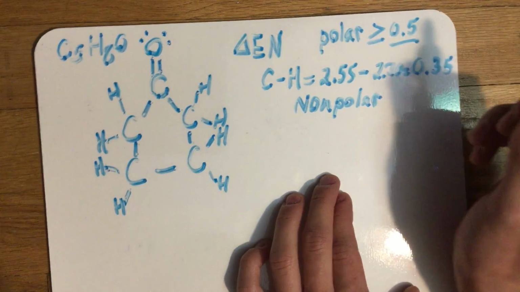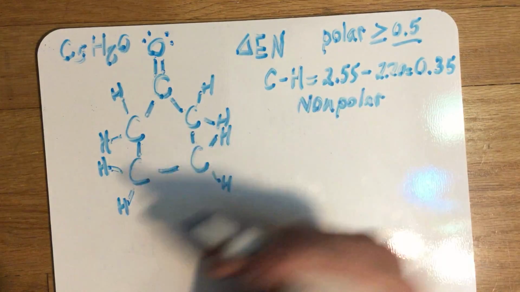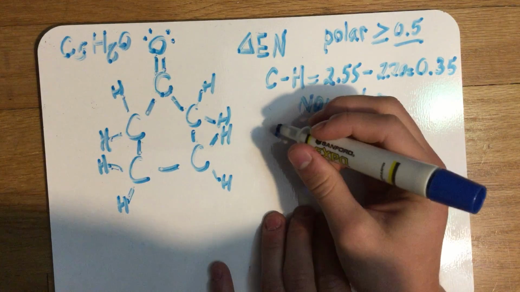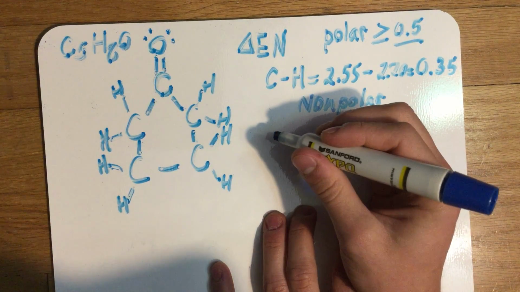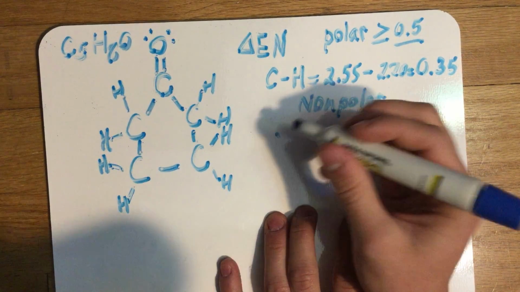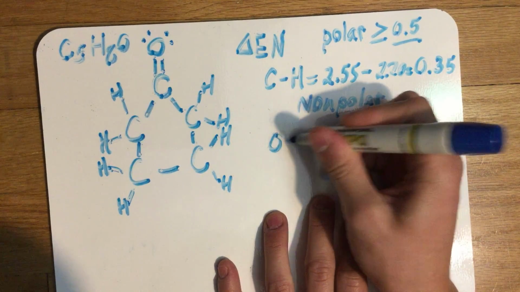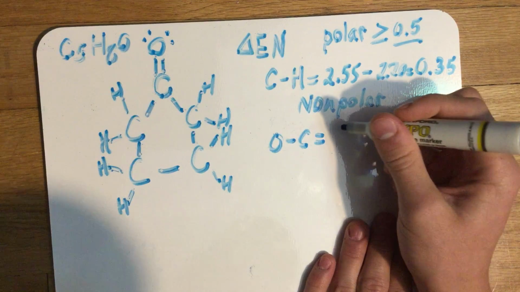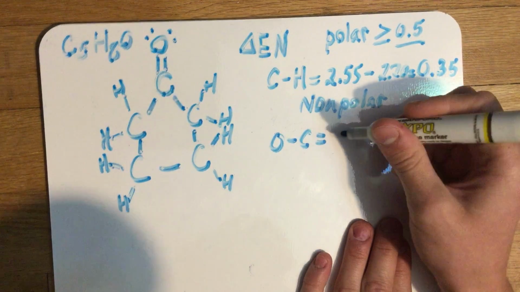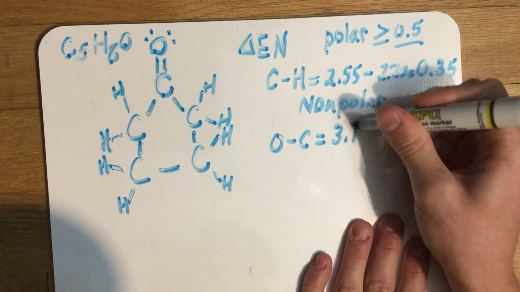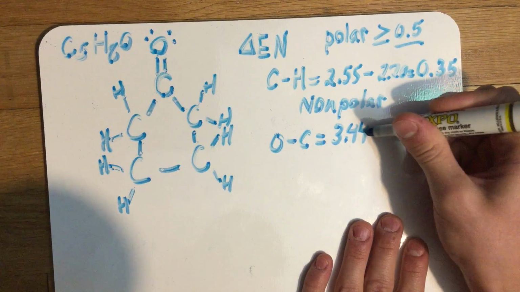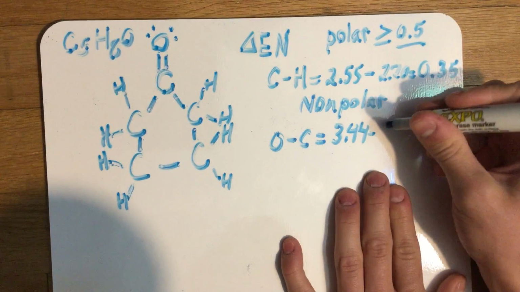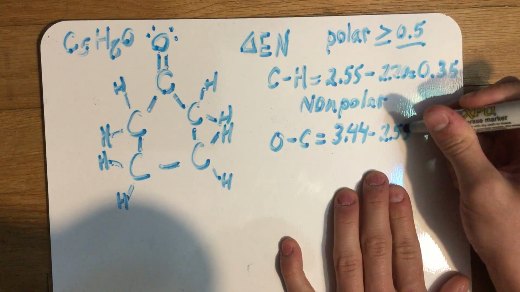covalent bond. So now looking at the bond between oxygen and carbon. Looking at the periodic table, we find out that the electronegativity for oxygen is 3.44, and then you subtract the electronegativity of carbon, which is 2.55.